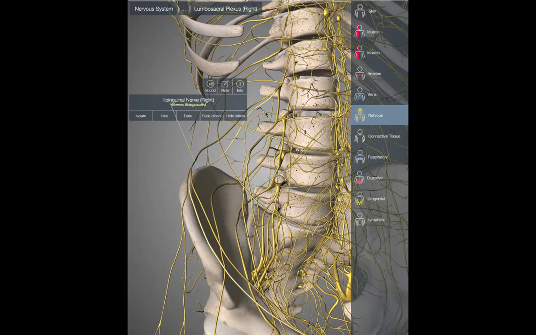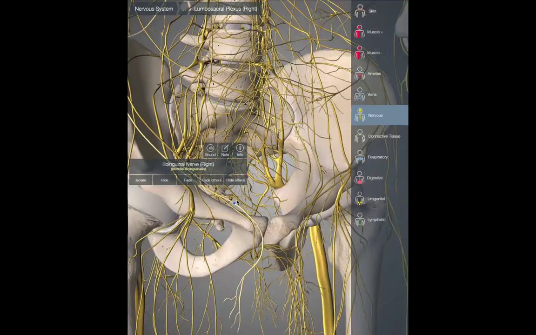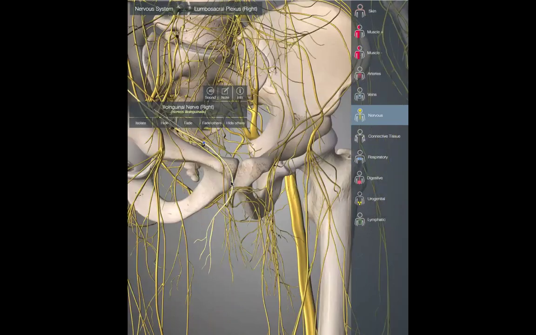It will pass through the inguinal ring and go all the way towards your genitals. It will innervate the skin of the genitalia and the middle thigh. So now we know from the root L1, we have the iliohypogastric and ilioinguinal.